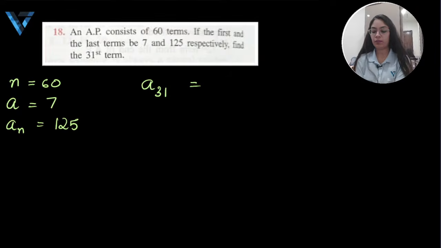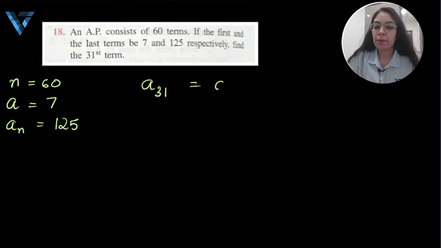There are no responses. So the 31st term's formula, if I have to write it, what will it be? A plus 30D. Yes, A plus 30D.